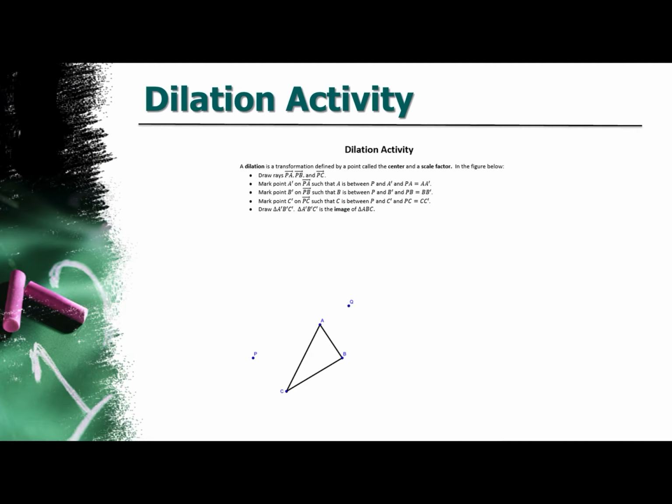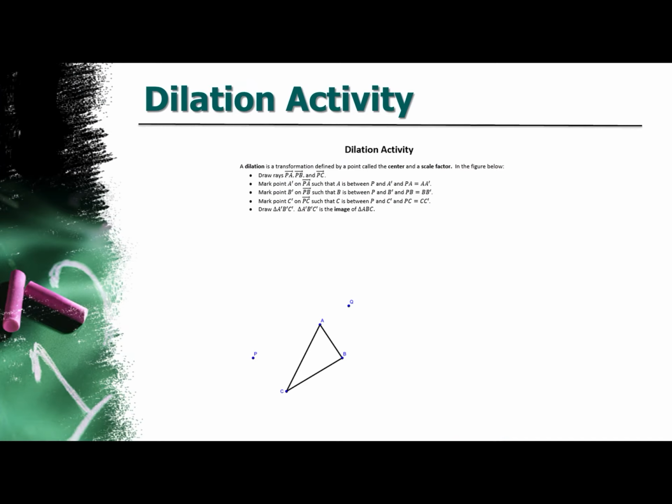So I want you to do this on this triangle. You can ignore the Q because that is from a different activity that I did not include in here. But P is going to be our center, and you're going to dilate ABC.